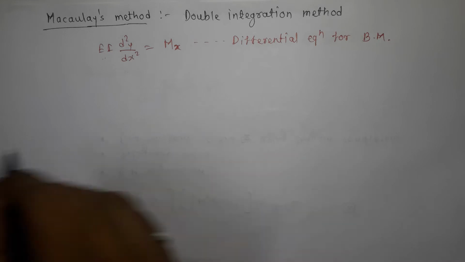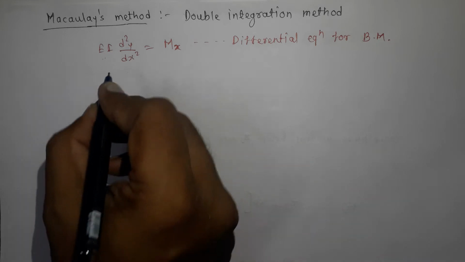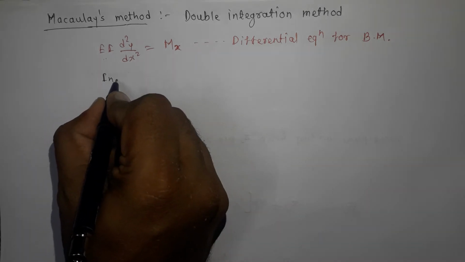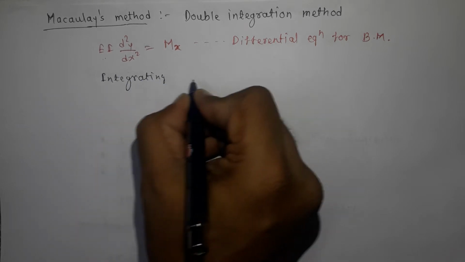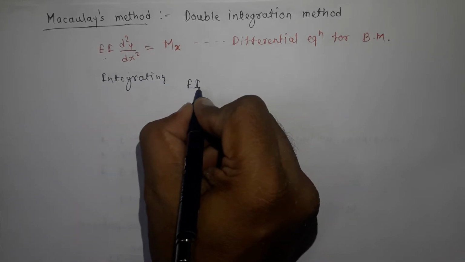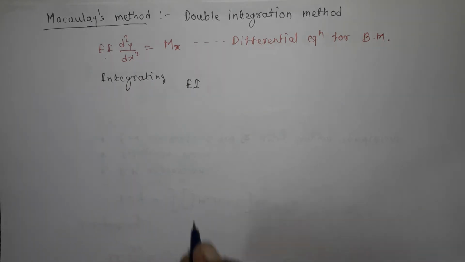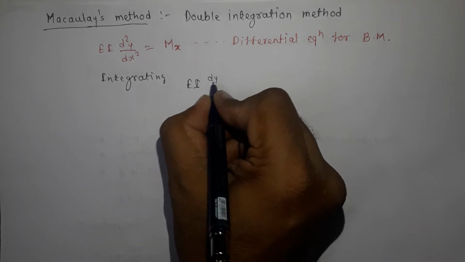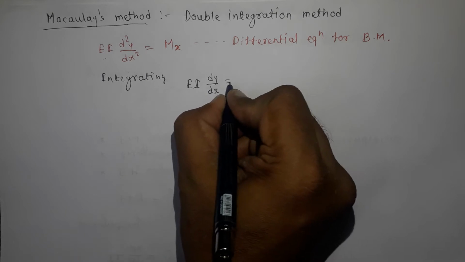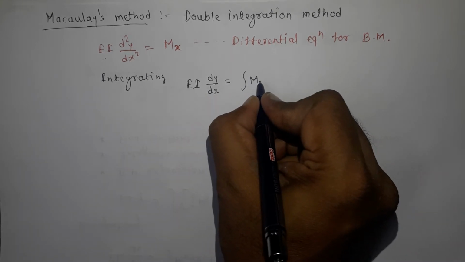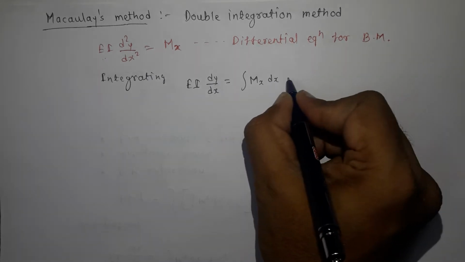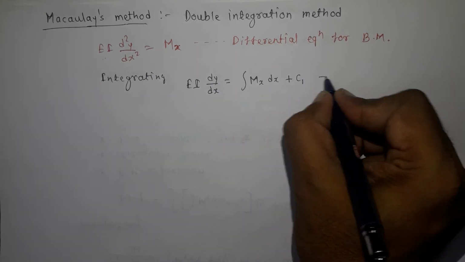Once we write the differential equation for bending moment, then we integrate it. So integrating, we get EI into the integration of d2y by dx square, which is dy by dx, because we know that integration is the antiderivative process, is equal to the integration of Mx dx plus the constant of integration c1.